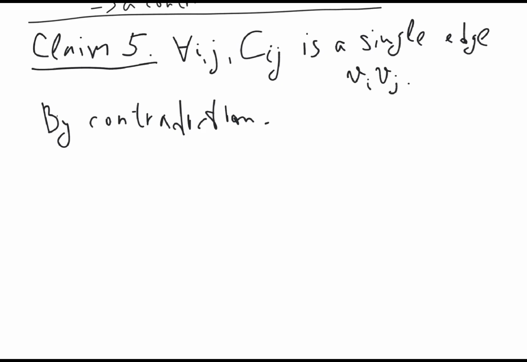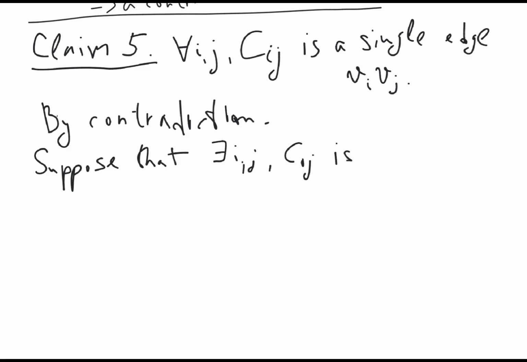Suppose that there exist such i and j that Cij is not a single edge.